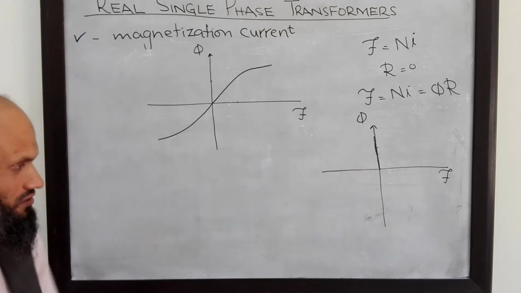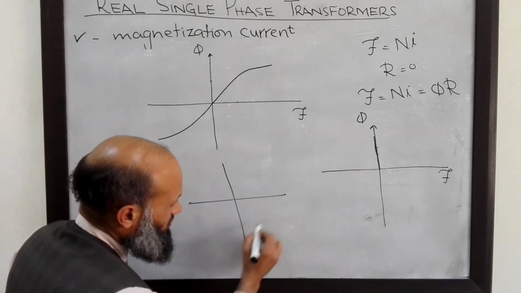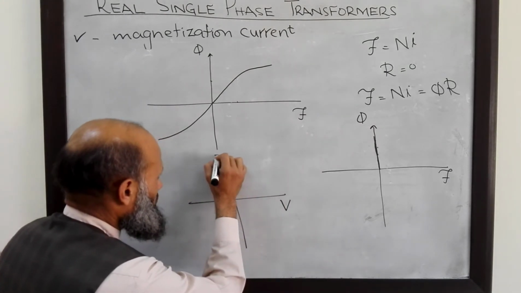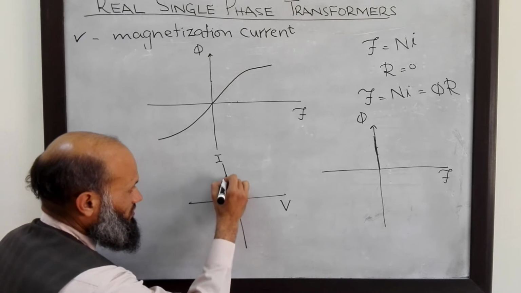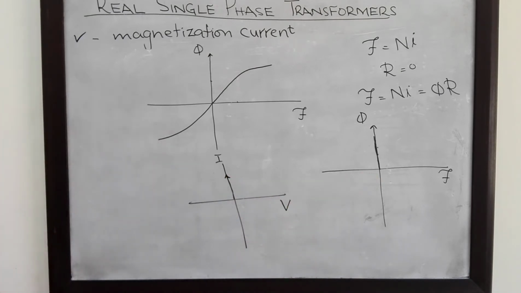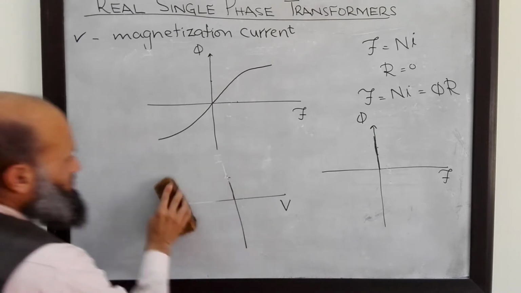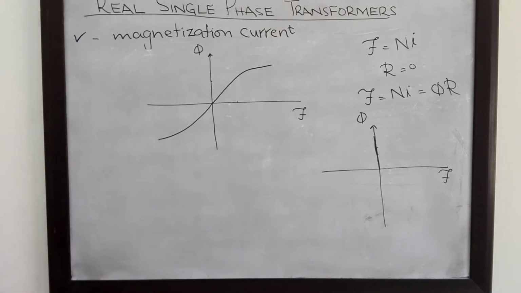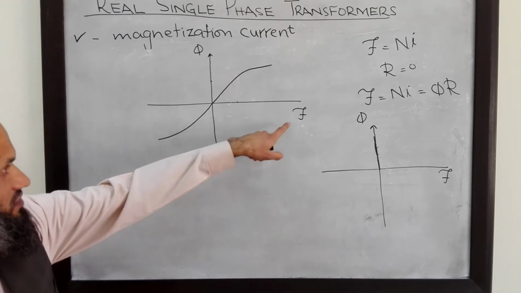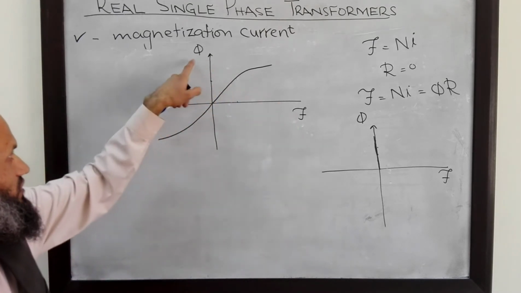The same, similar to an ideal conductor. What is the relation between voltage and current for an ideal conductor? That is this one. So the same is the situation for an ideal core. And this is the magnetization curve which relates MMF with the flux.